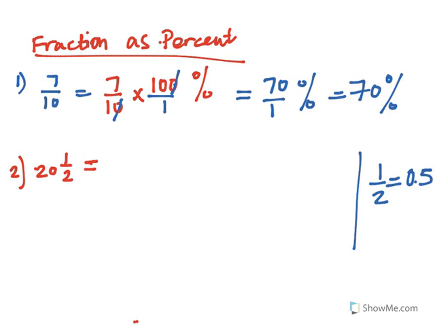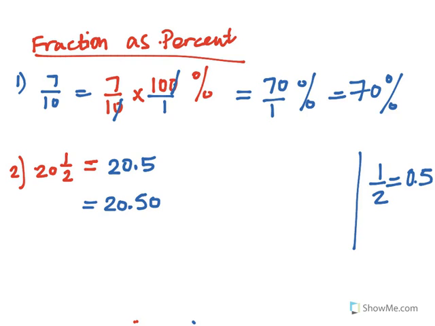So I can write this number as 20.5, or I can also write it as 20.50, because after the decimal the number has already ended, and I can add as many zeros as I want here. But I'll only stick with one 0.